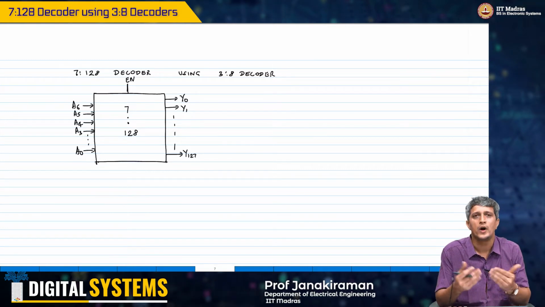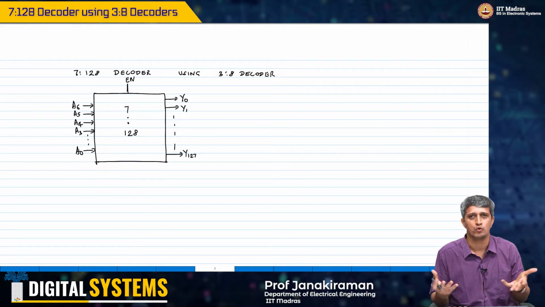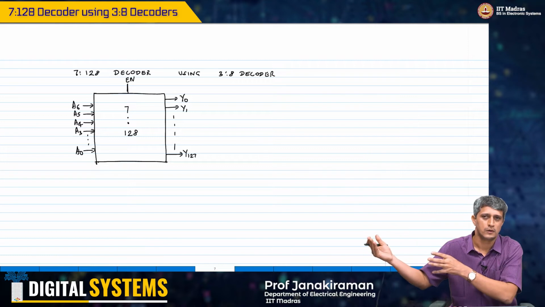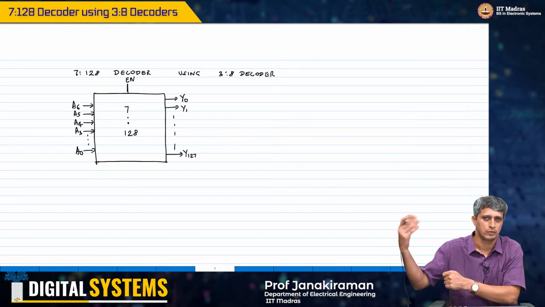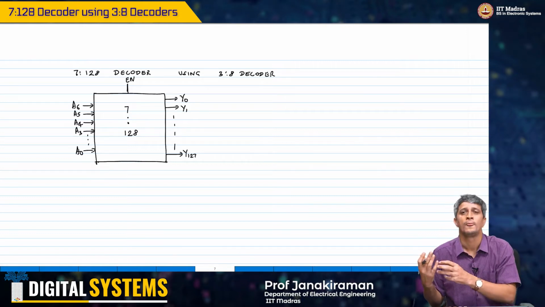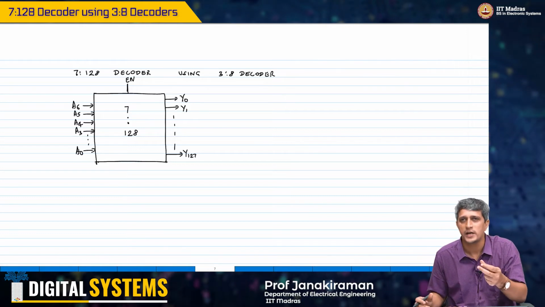Obviously, you take the lower bits, A0, A1, A2, the 3 LSBs. If you connect them to a 3:8 decoder, you get 8 outputs. At the output, I want 128 outputs.